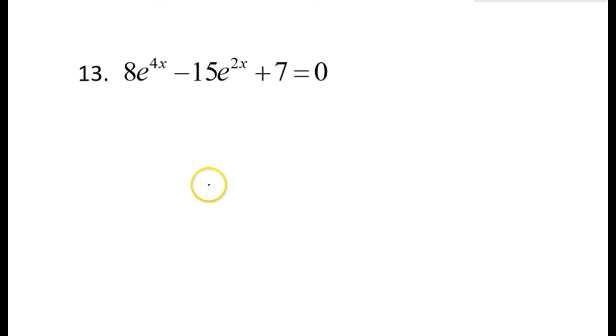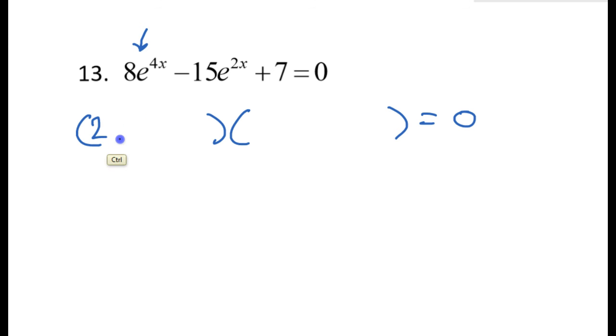Let's do one more example. Try to factor this thing. If we try to factor this, my first guess is going to be 2 and 4.